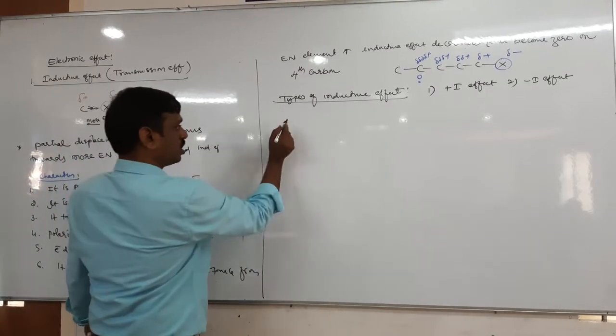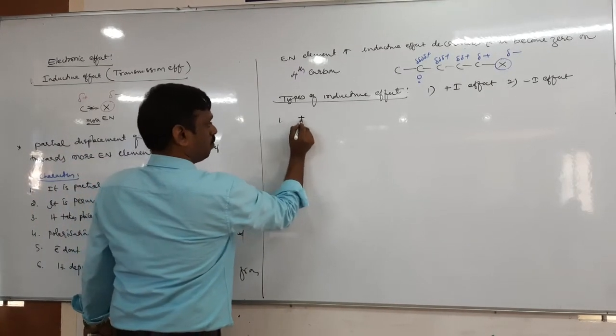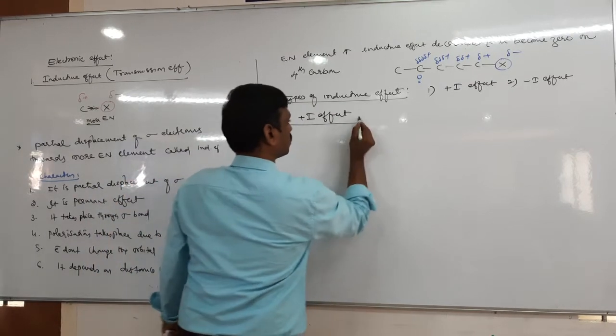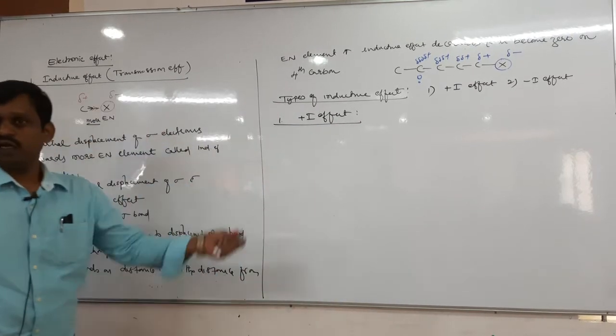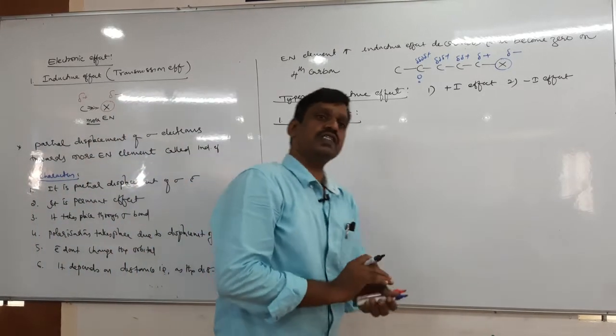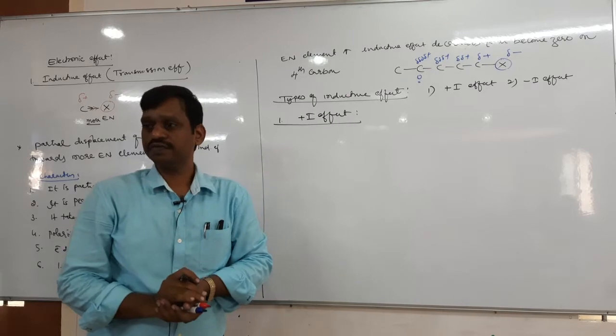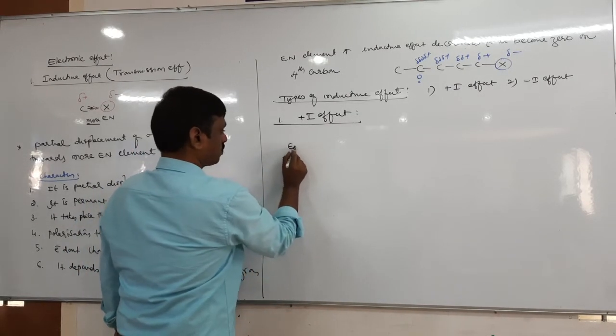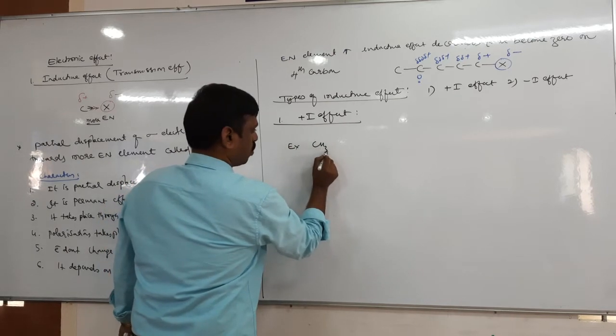Okay, so let us say plus I effect. Do you know what plus I groups are? Electron releasing, electron withdrawing? Electron releasing. Say for example, let us take methyl group.